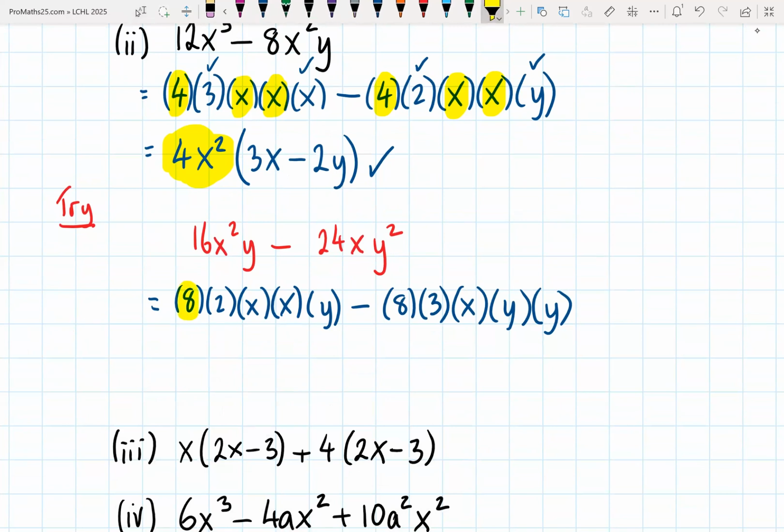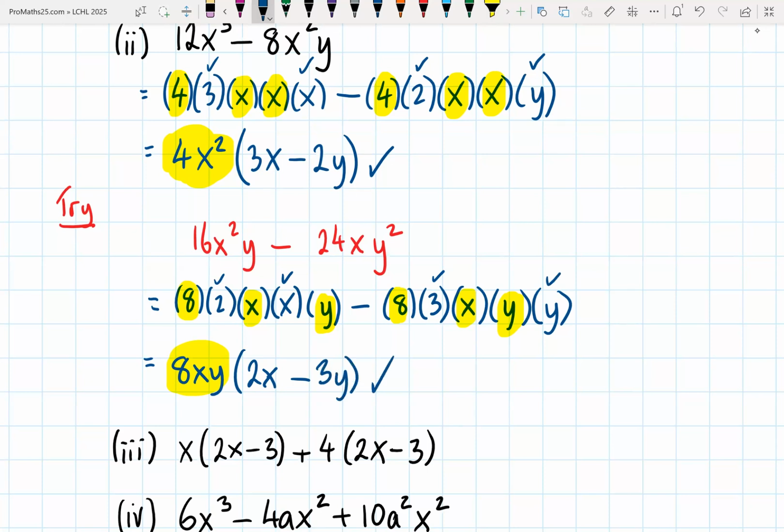So look, the 8 is common. There's a common x, and there's a common y. So let's take out what's common, same as the previous example. Well, we can see that that's 8xy. And what's left then, look, 2x take away 3y. So this is the common factor.